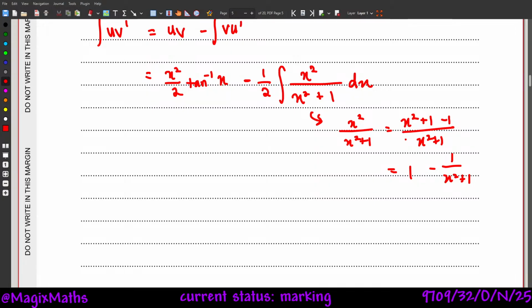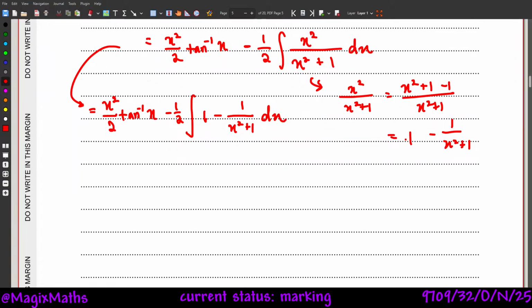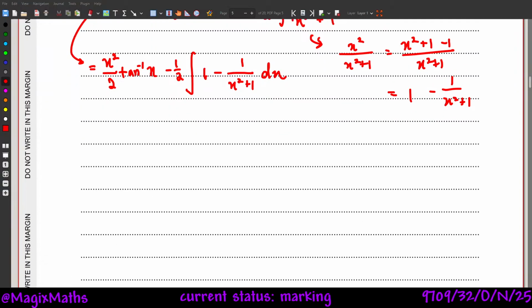So we'll have, and then if we integrate that, you'll obtain the inverse of tangent.